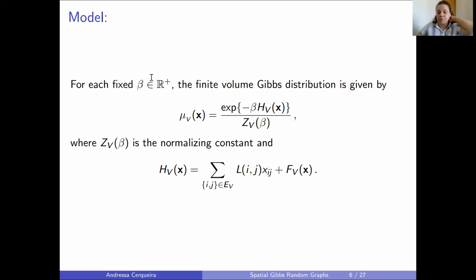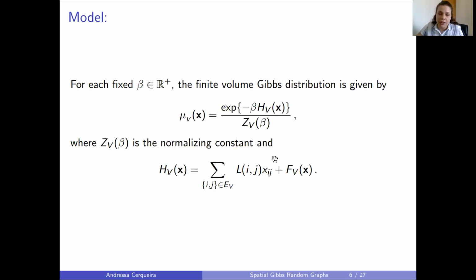All right, so now let's define the model. For a fixed positive parameter beta, we are going to define the finite volume Gibbs measure. Here I have a finite set of vertices V, and I will define this measure. It is quite similar to the exponential random graph model, but now I will take into account the length of the edge.